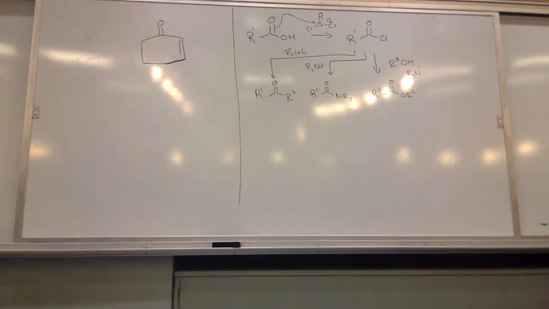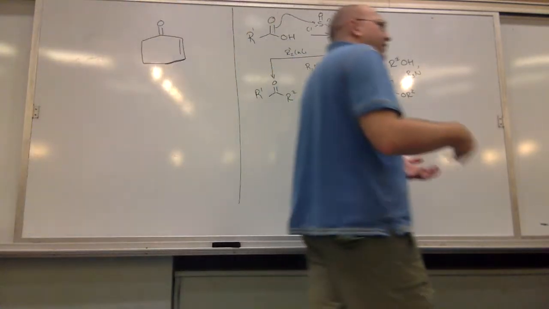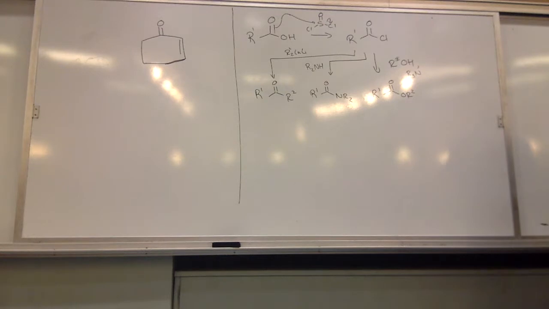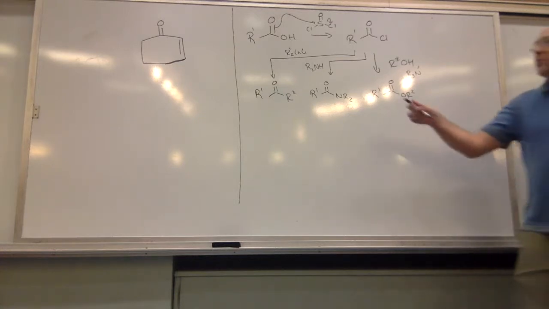And it turns out that when we generally think of electronically deficient, electronically poor alkenes, and alkenes that can behave as electrophiles, we often think about when they're in conjugation with carbonyls.